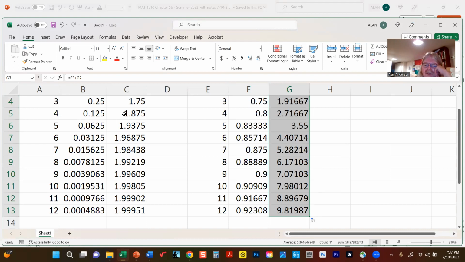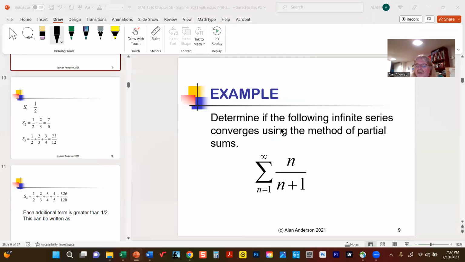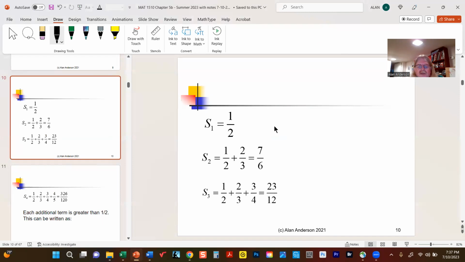You notice how it increased for a while and then it really started to flatten off or tail off. Here, that doesn't seem to be happening. So just looking at these numbers, it appears that this series diverges, that it does not have a limit that we can approach, at least not a constant. So if there is a limit, it's infinity. And that means that this series is said to diverge.